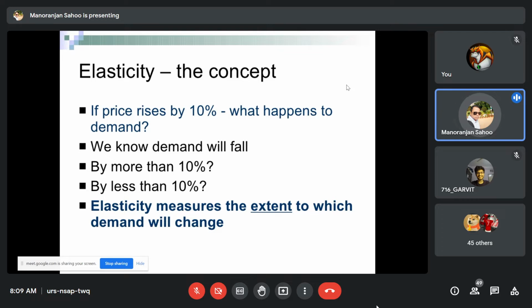If the price increases by 10%, we know that the demand will fall. But how much will it fall? Whether it will be reduced by 10%, less than 10% or more than 10%, that can be measured by the elasticity of demand. Then how to measure the elasticity?